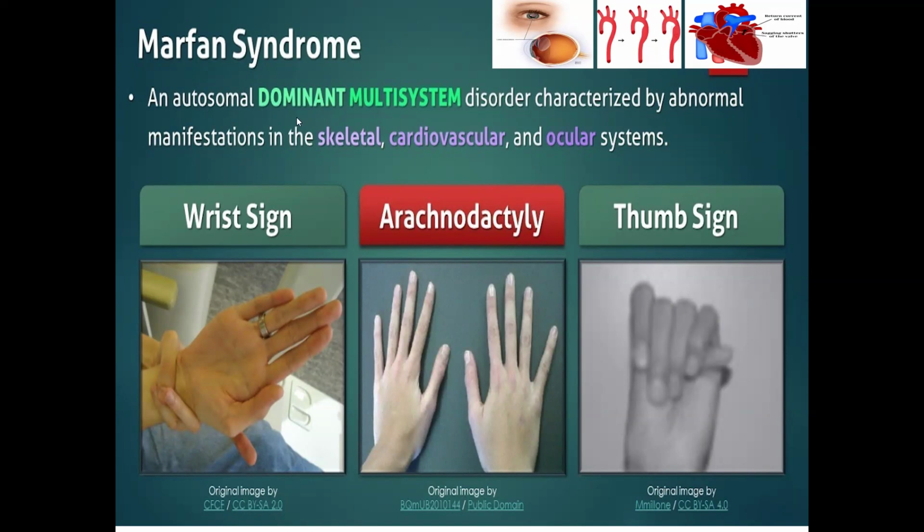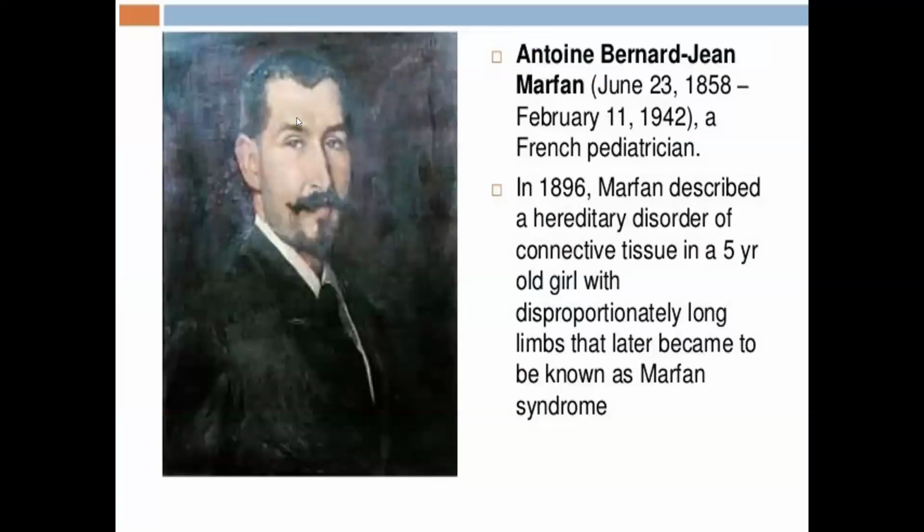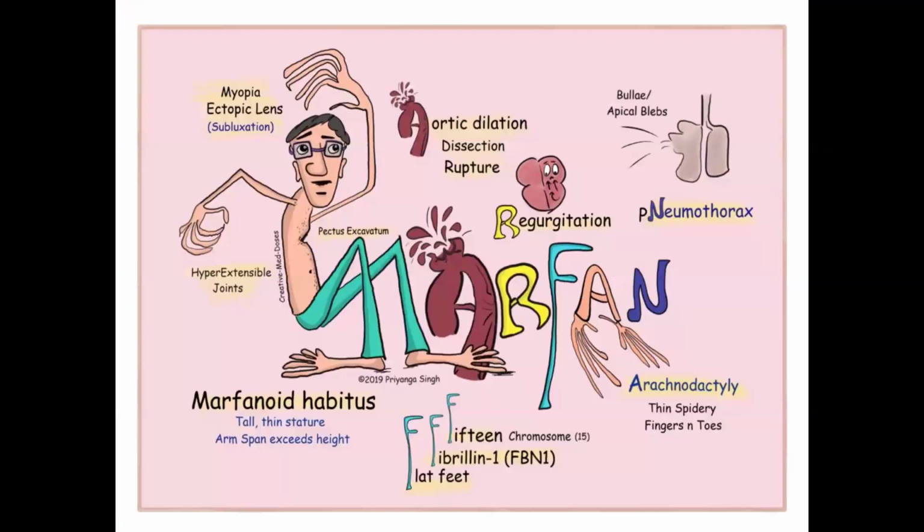It's an autosomal dominant disease discovered by this guy, Antoine Marfan. He's a French pediatrician. So it is basically chromosome 15 that is responsible for this disease, and it's a disorder of fibrillin 1.